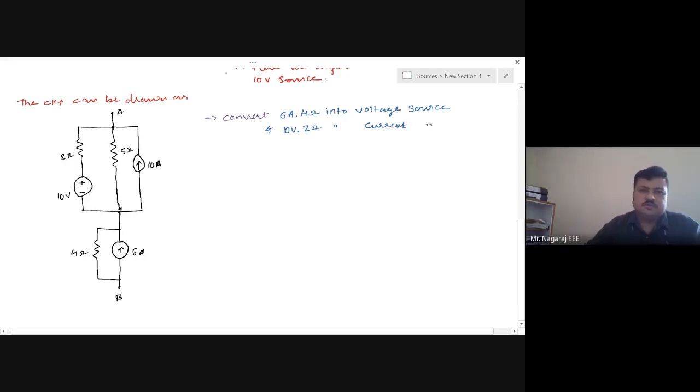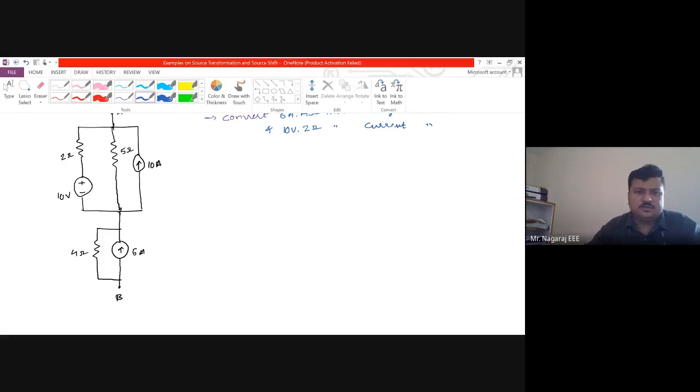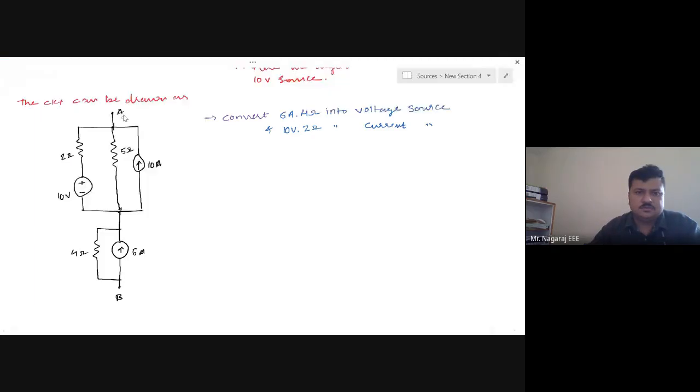Okay. So after doing that, now first I will write the circuit, then we'll see the values.